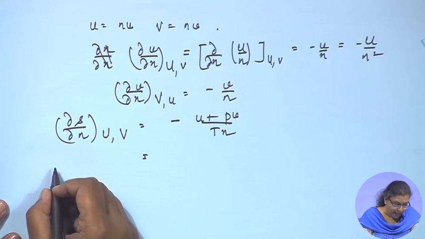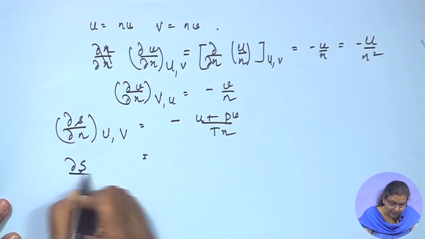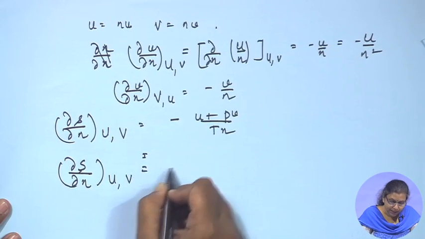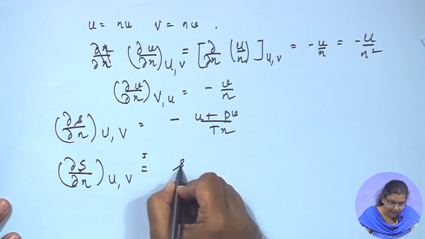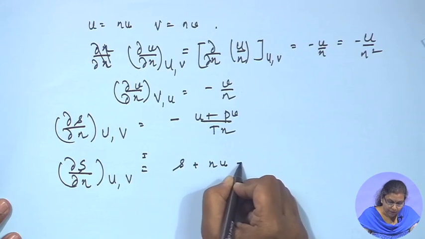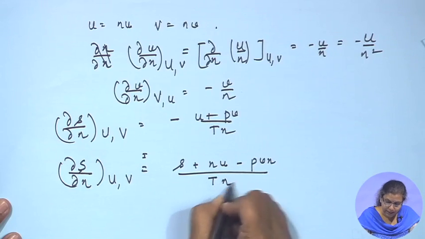We arrive at a condition that del S del N at capital U V is nothing but equal to S plus N U minus PVN by Tn.